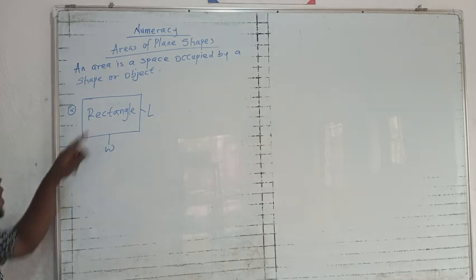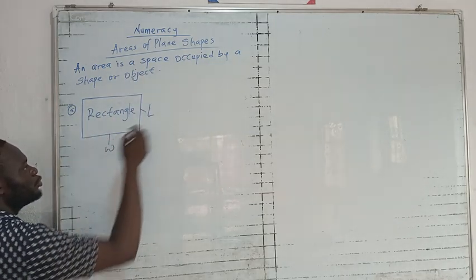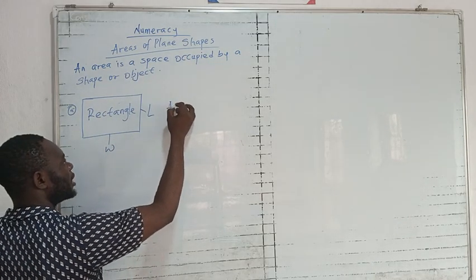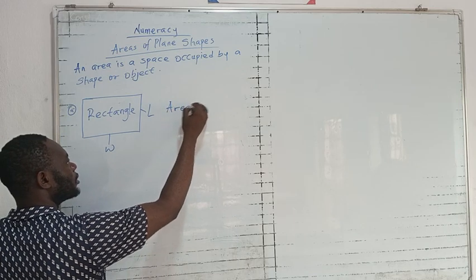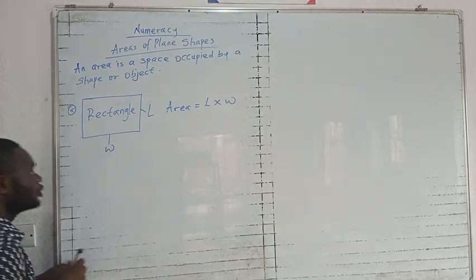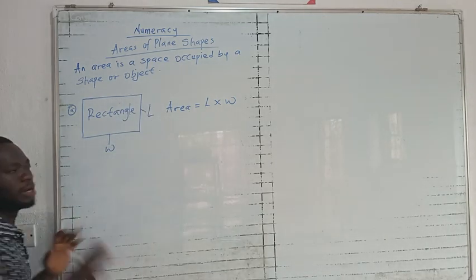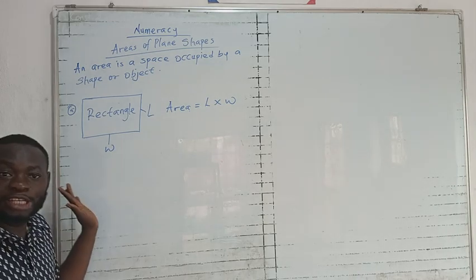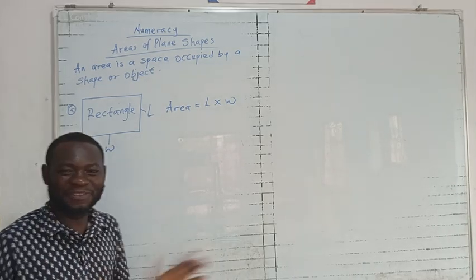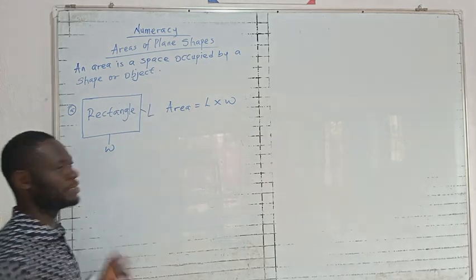To find the area, that's the space occupied by this rectangle, we simply say that area equals length times width. We use the length here to multiply the width here to find the area. As simple as that. Simply use the length to multiply the width. You find it.